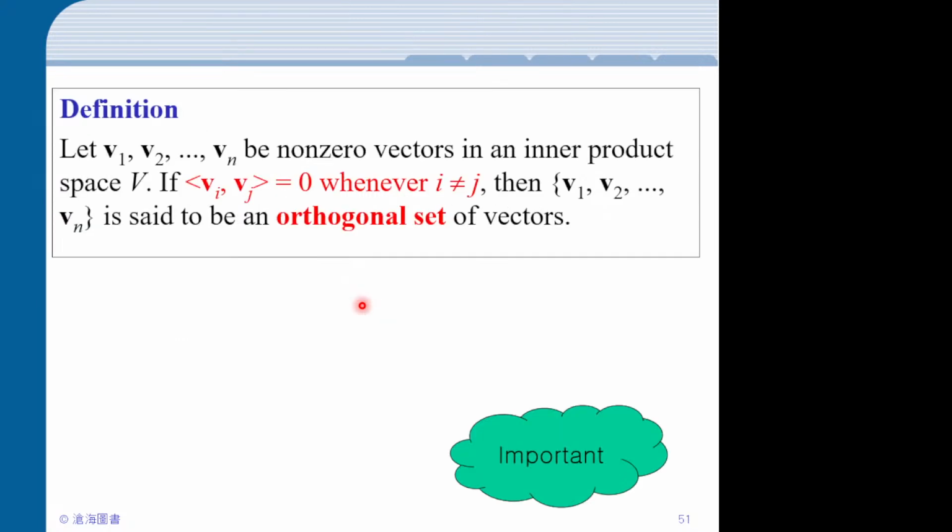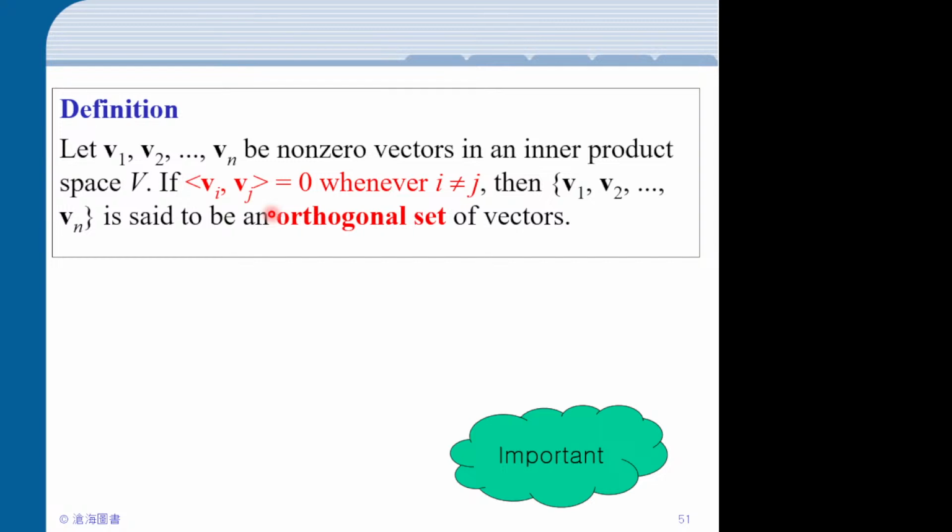So let's have a technical definition. Before we talk about bases, we want to talk about an orthogonal set. So we go one by one. What do we mean by an orthogonal set? We just have a lot of vectors, and if you have n vectors, then you have n choose 2 pairs. If every pair is orthogonal to each other, then we say it's an orthogonal set.